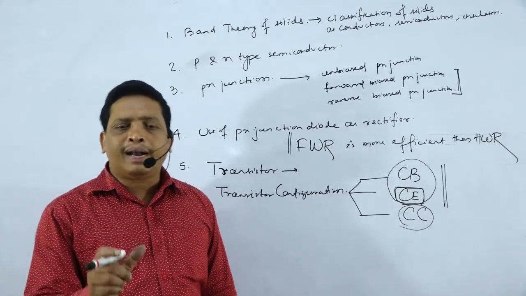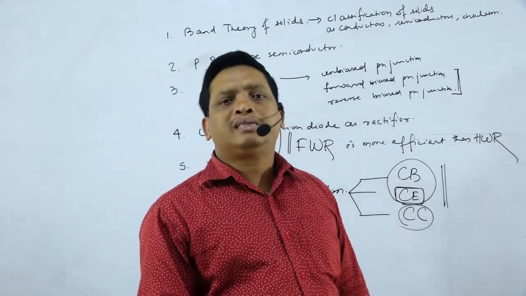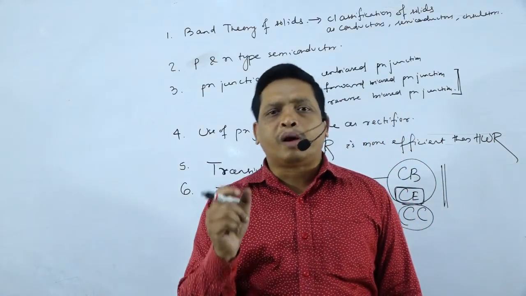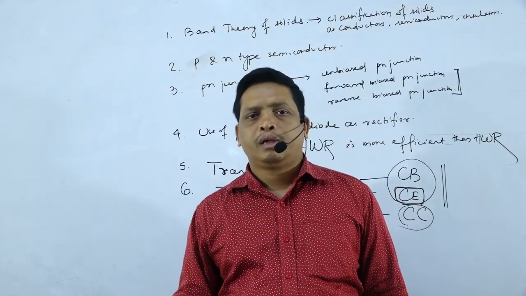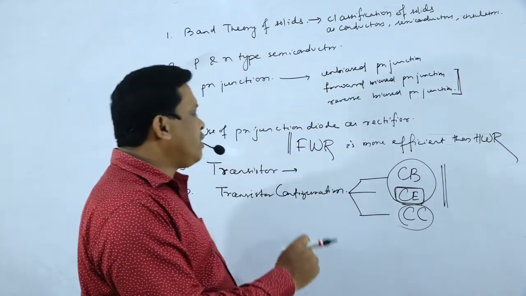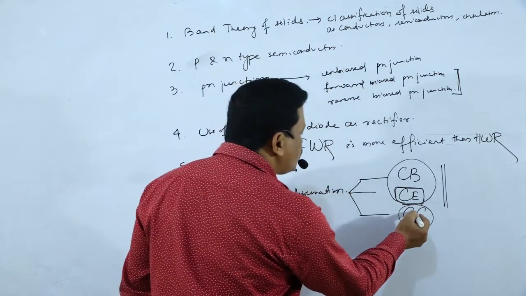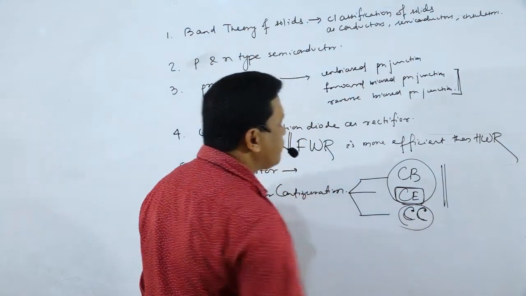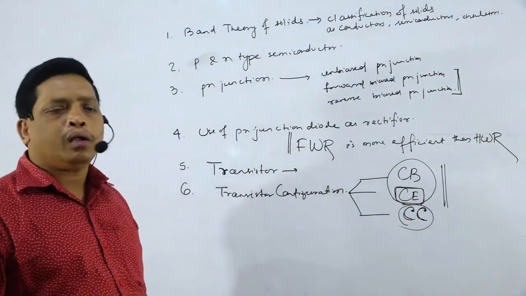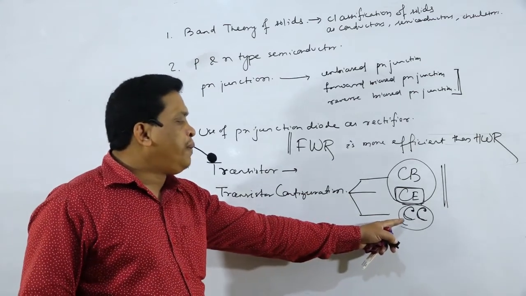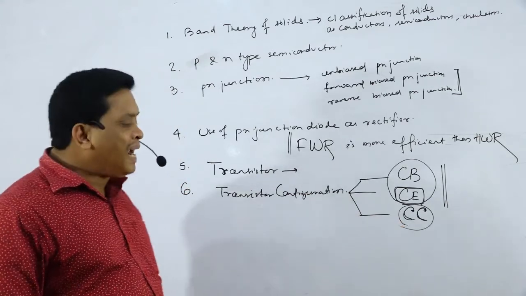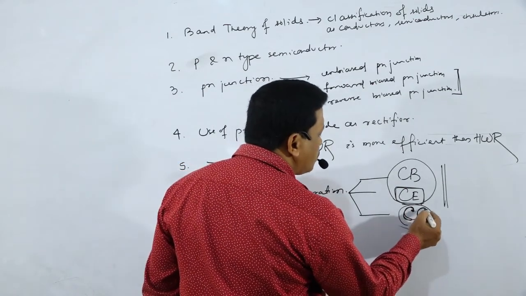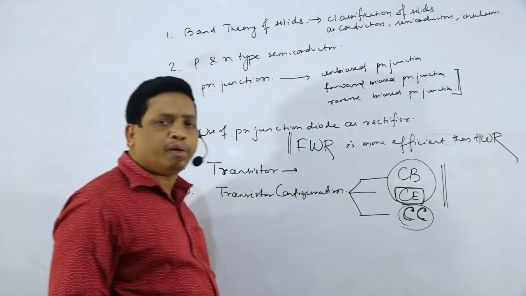So common collector configuration is not used for amplification purpose. It is mainly used for impedance matching, not for amplification purpose. That's why I have not taught you the common collector configuration.